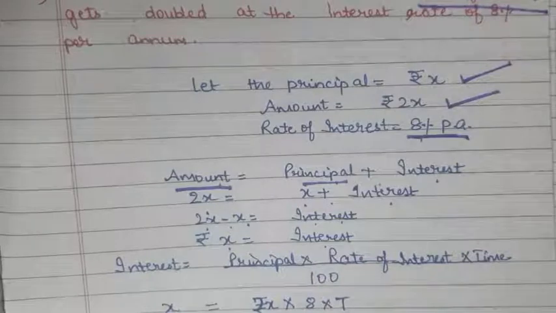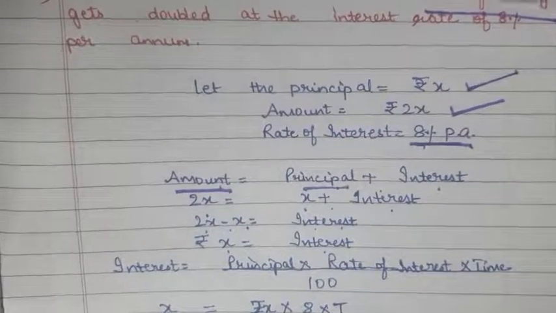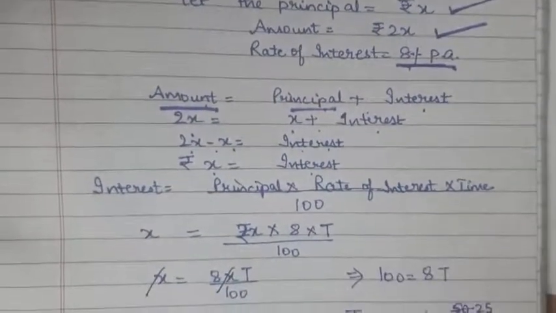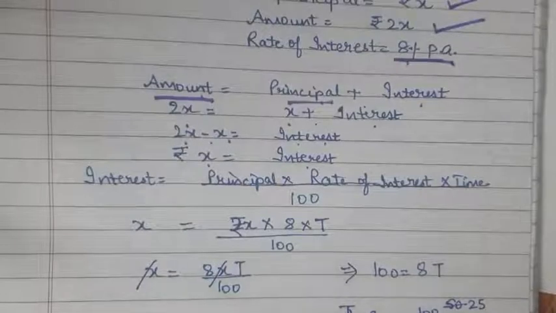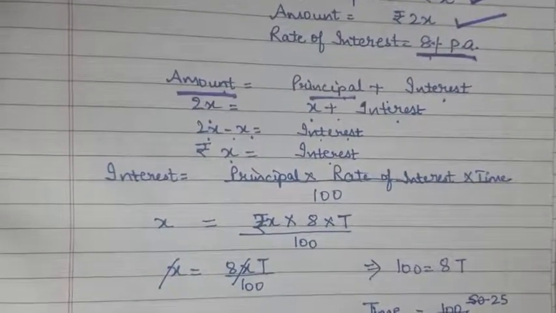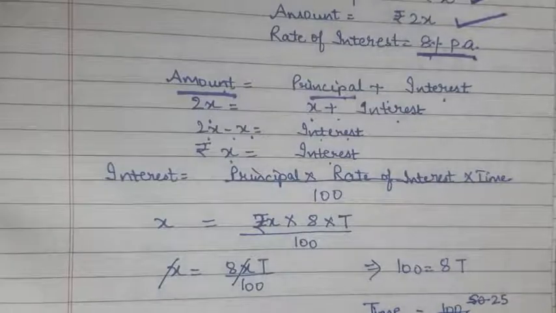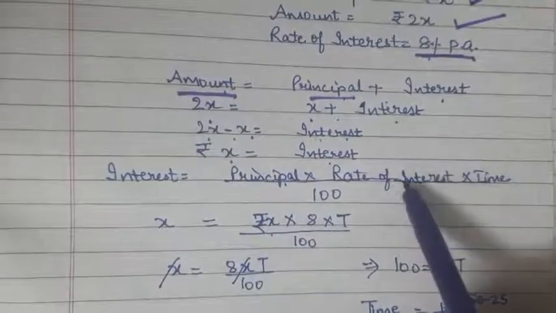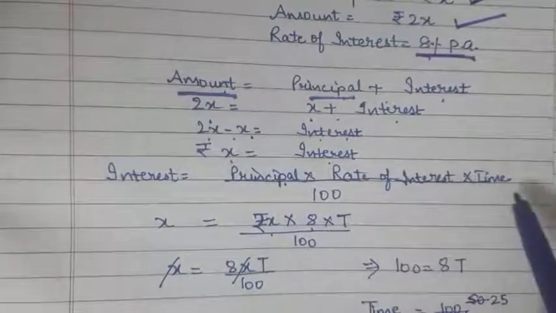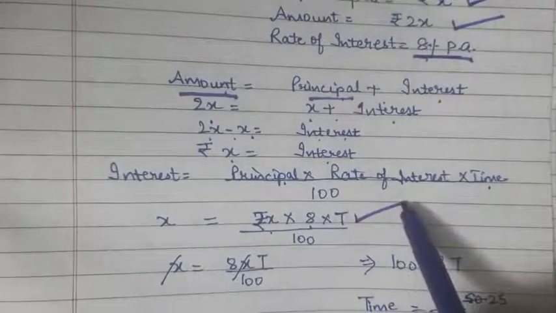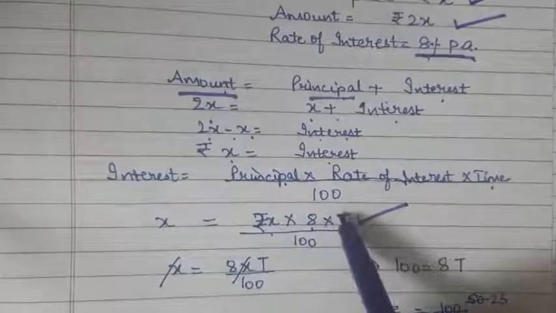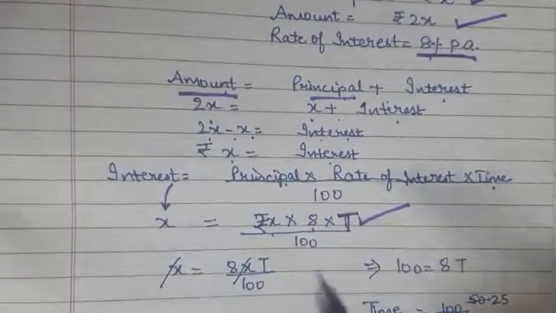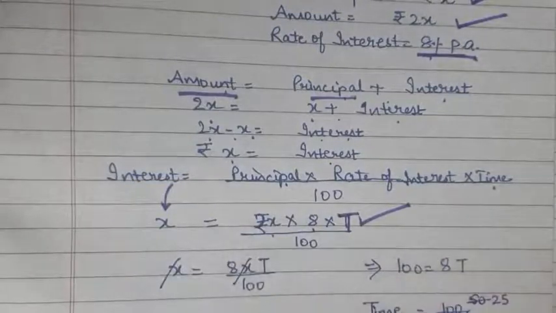Now we have to find out time. So let us apply the formula for interest now. Now interest is principal into rate of interest into time upon 100. So now principal is x, rate of interest is 8, time we have to find out. So that's why I have just written t here. And the interest is x. Now x and x we can cancel here.